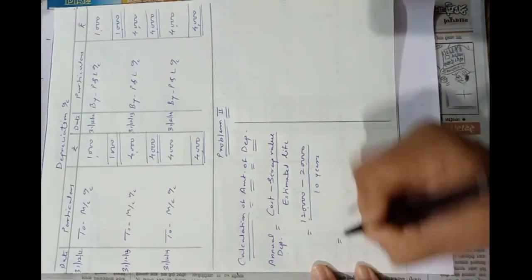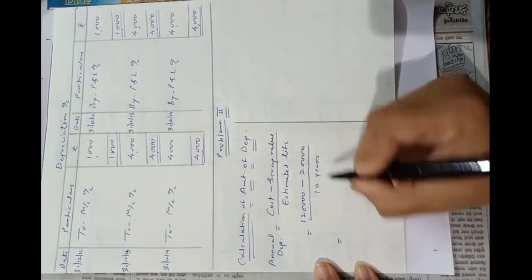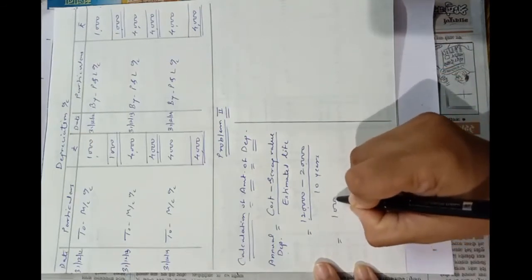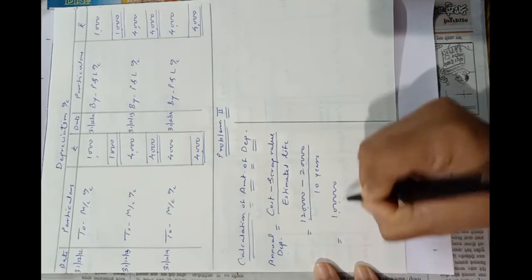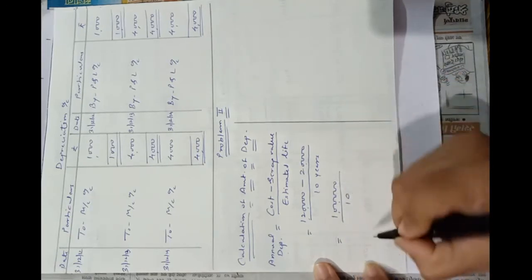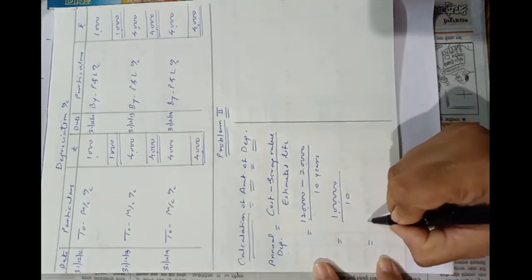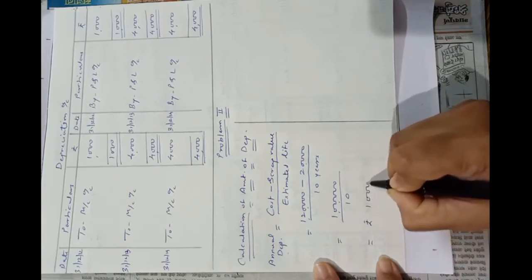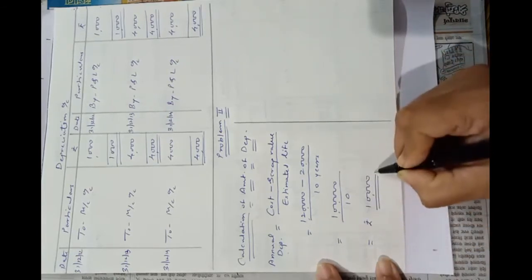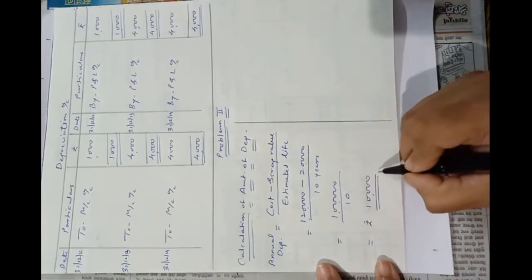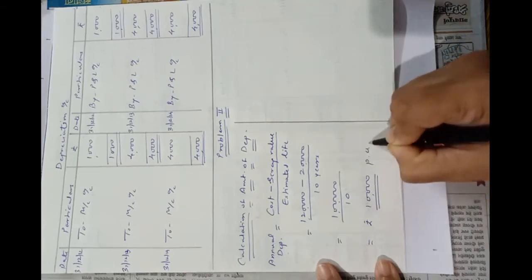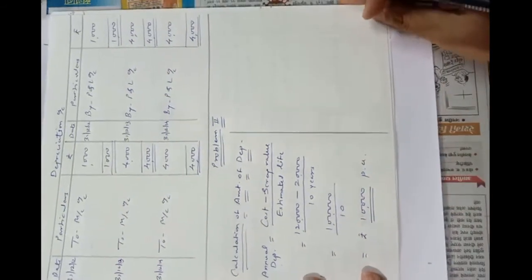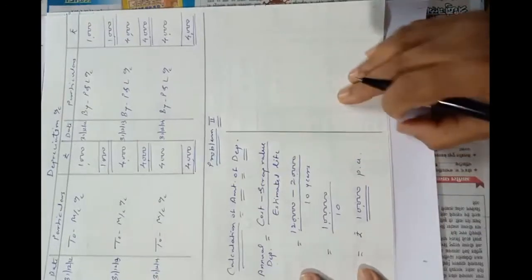Okay, so is equal to 1,20,000 minus 20,000 is 1 lakh divided by 10 years. So annual depreciation amount will be rupees 10,000. This is the depreciation amount per annum. Understood? Now we'll do the working here.